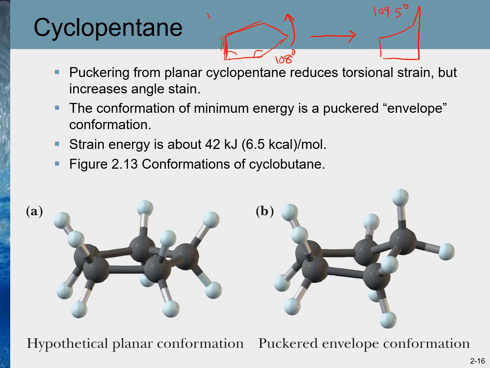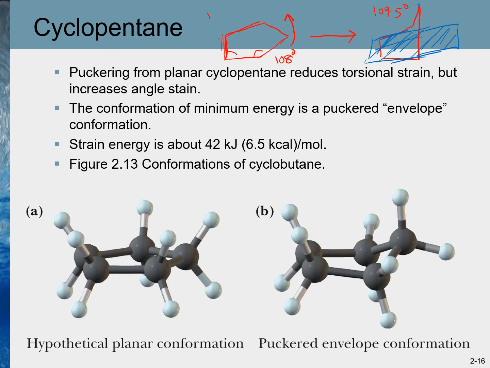The rest of the four carbon atoms are in the plane, and one of the carbon atoms is above the plane. So this kind of conformation is known as envelope conformation of cyclopentane.